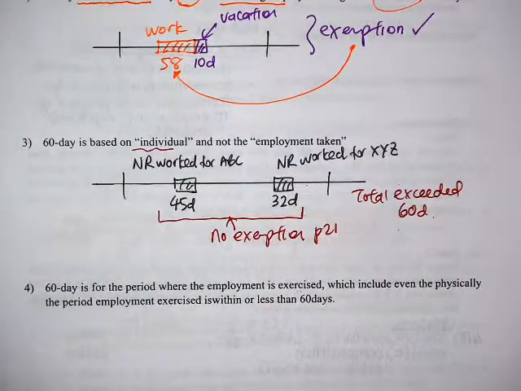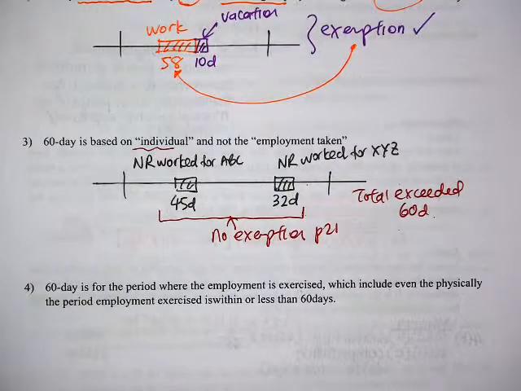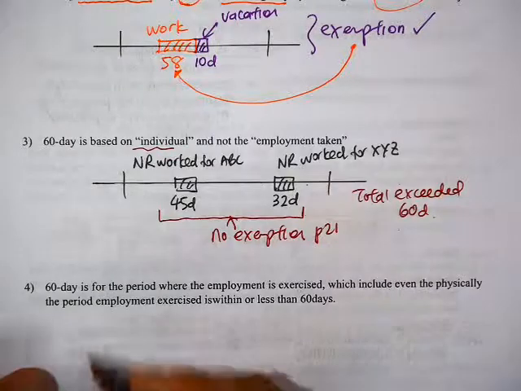Okay, right, number 4. Now you see the 60 days that we look at may not only refer to the physical days that you're in the country. Some people understand that the law mentions 60 days, so they want to take advantage of the 60 days, and they decide to leave early so they can get the exemption. Now let's say the idea is this.